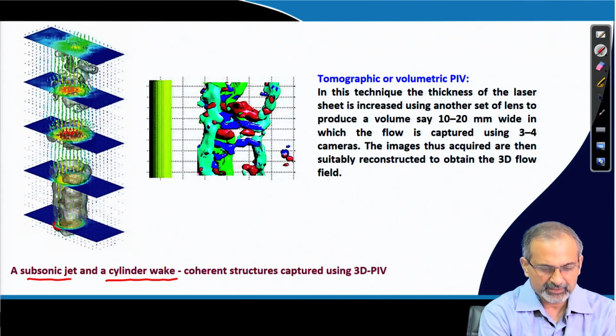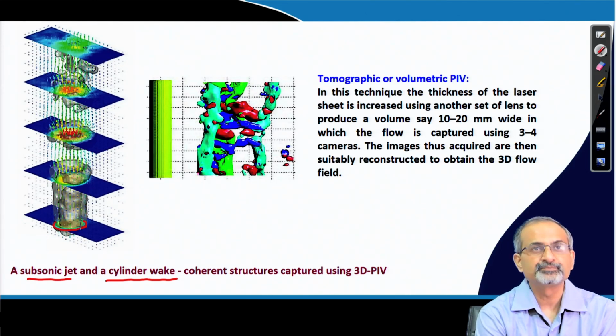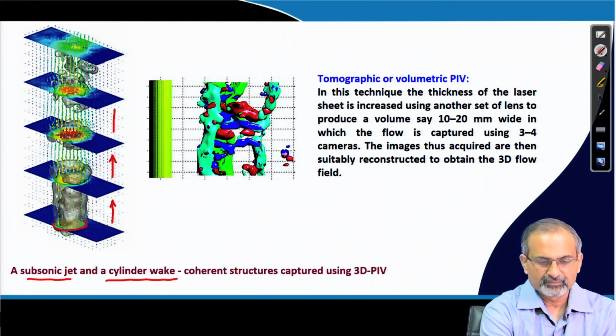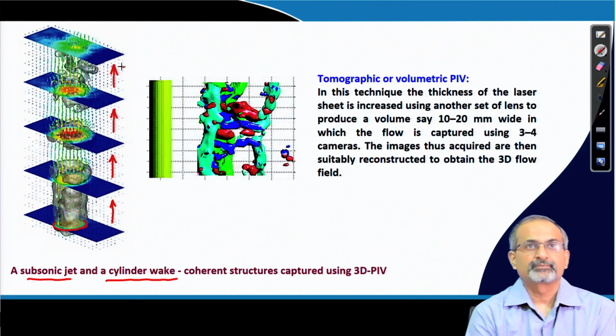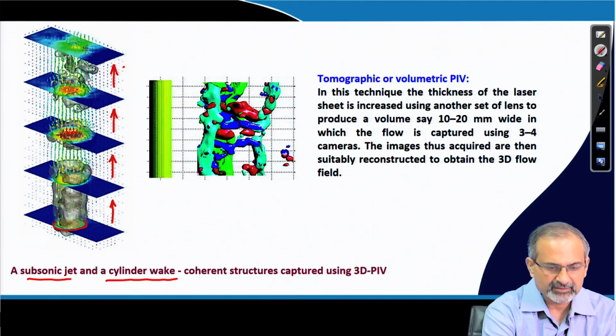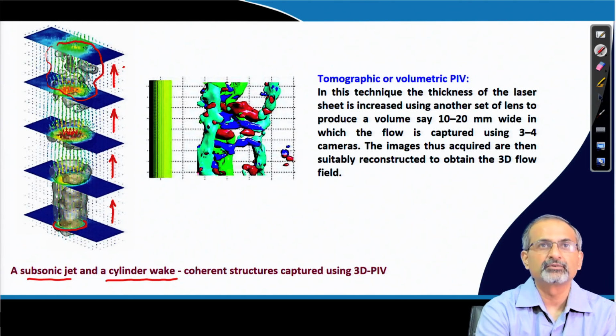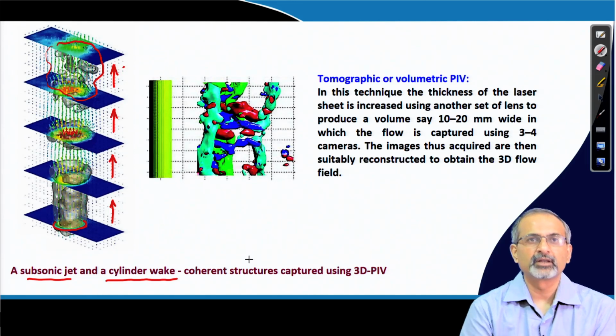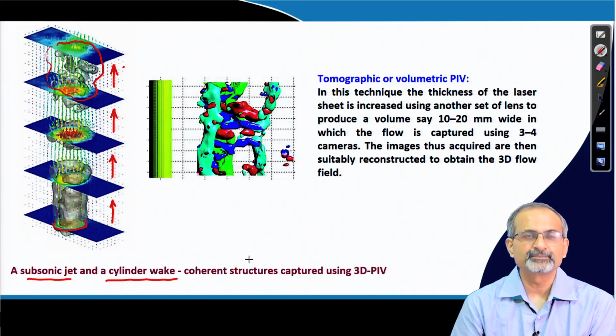So, you have an orifice from which a jet emerges, and as you move along the length, you see different structures emerging out of the jet, and there are structures which are breaking down, structures which are evolving, large structures, small structures, etc. A cascading of structures as you move further away from the orifice. So, this gives you a kind of spatial development of a subsonic jet.